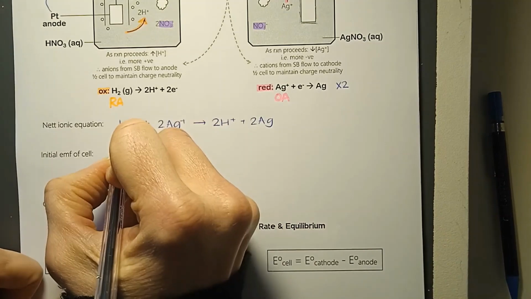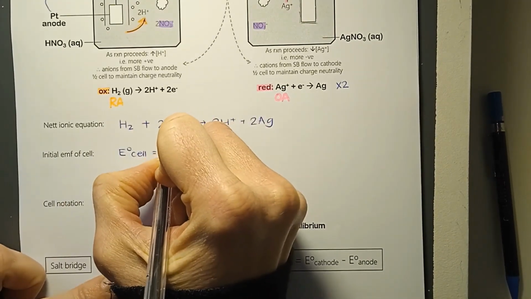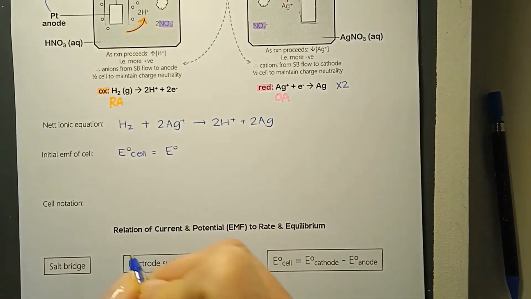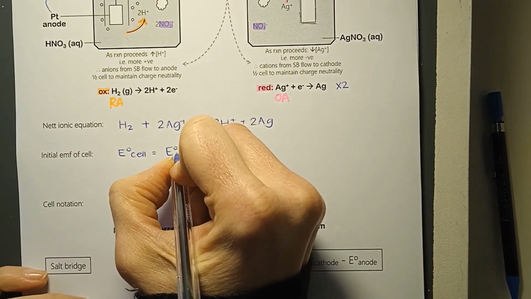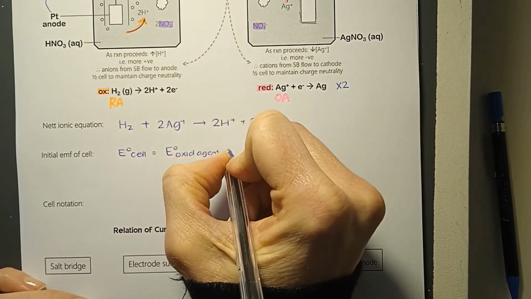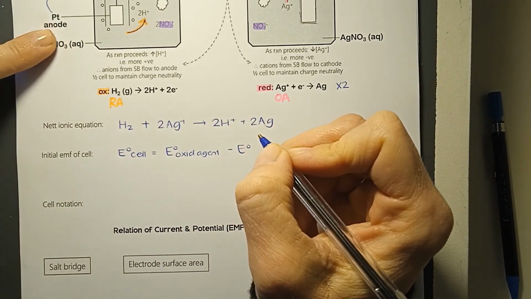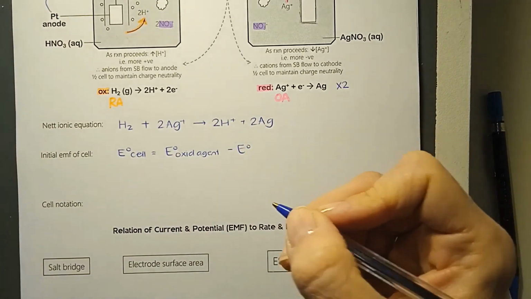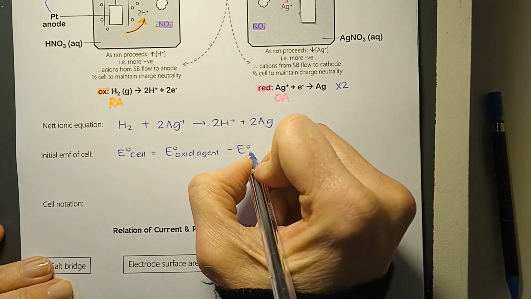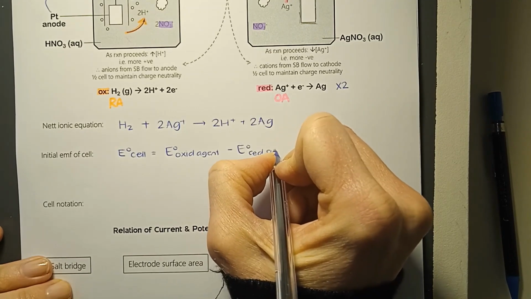So when you're calculating the EMF of your cell, we're going to go E naught cell is equal to, you can go either E naught cathode minus E naught anode, or oxidizing agent minus reducing agent. It really doesn't matter, as long as you don't get confused in terms of the anode. So please don't read off the platinum value, because it's not taking part in the full reaction. Here's our reducing agent.